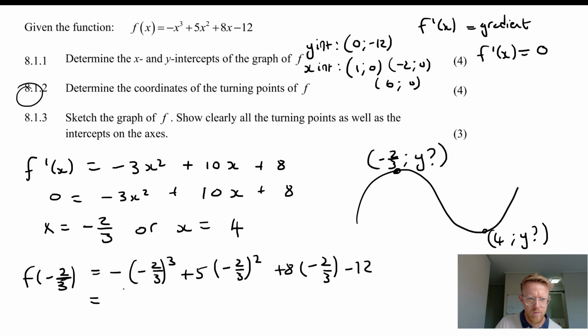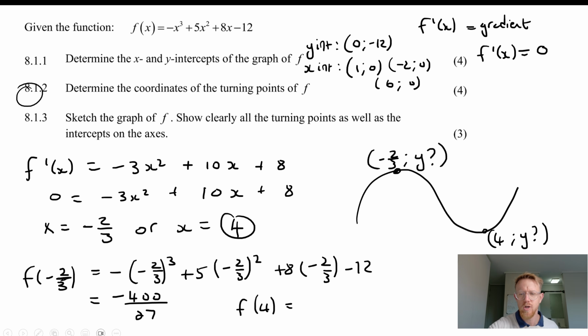Okay, I got minus 400 over 27, so I'm just going to leave it like that. And then if you plug in the other x value of 4, to save time, I'm just going to get it quickly. You get 36. And so we now have our coordinates of the turning point.